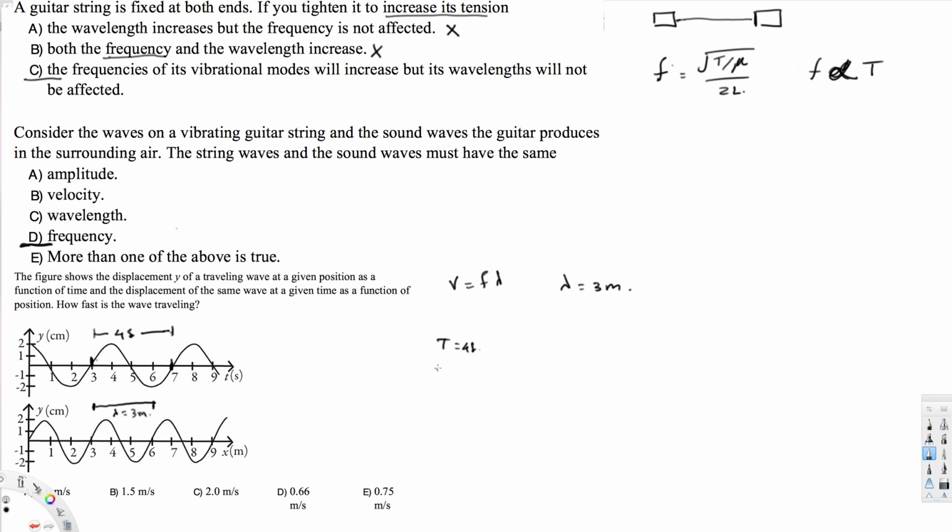We know that frequency is equal to 1 over T. Here we have a 4 second period, so 1 over 4 gives us 0.25 Hertz. Now we have the f and the lambda. All we have to do is simply multiply both of them, and that's going to give us the velocity. So this is going to be 3 times 0.25, and that gives us 0.75 meters per second, and that is the answer. Here it's given in E, so E is going to be our answer.